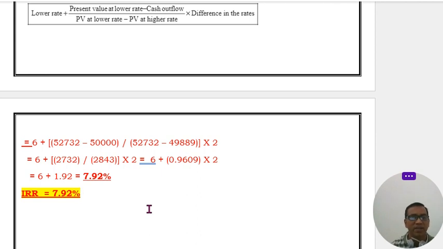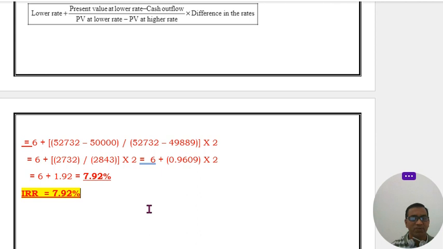And you can compare this IRR with the cost of capital of the project company. If IRR is more than the cost of capital, accept the project. If IRR is less than the cost of capital, reject the project. So in this video, I explained the discounted cash flow methods. There are three important methods: NPV, net present value, then PI, profitability index, and IRR.